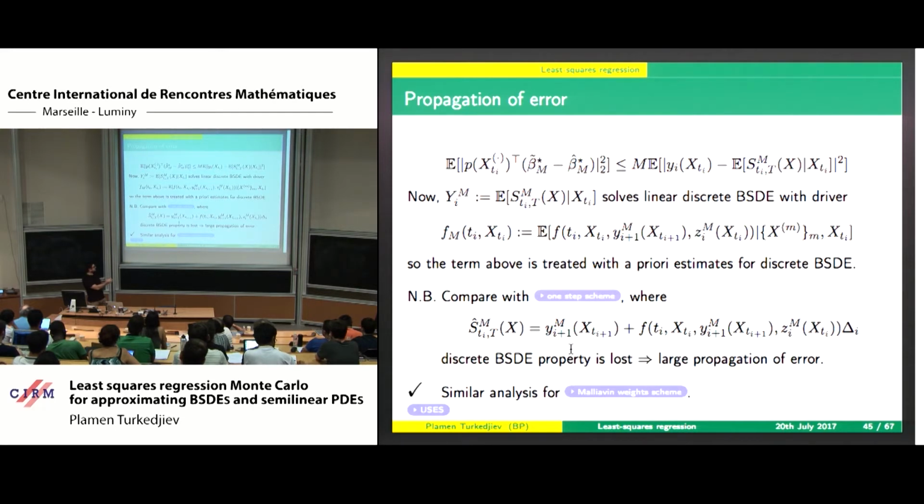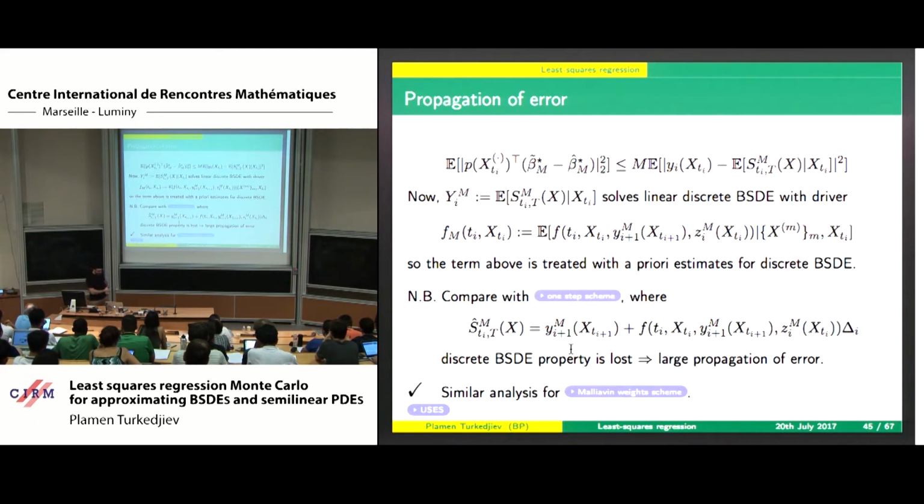Previously, when we moved between the one-step and the multi-step scheme with the conditional expectation, there wasn't any difference. Now, because we have the least squares regression operator, they're two completely different things. So we lose this propagation of error. We end up having to do Gronwall. All of the errors will add up and we lose this nice time averaging property.